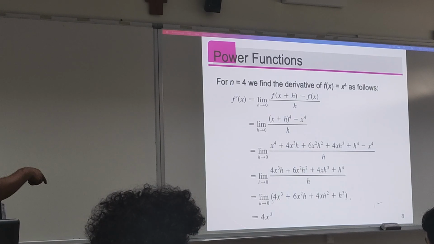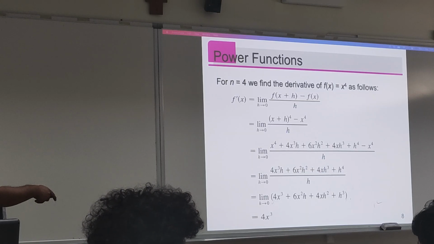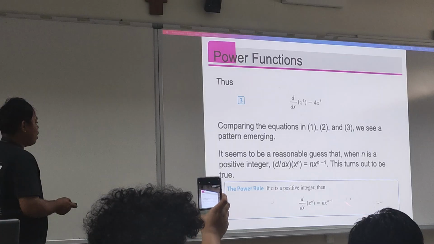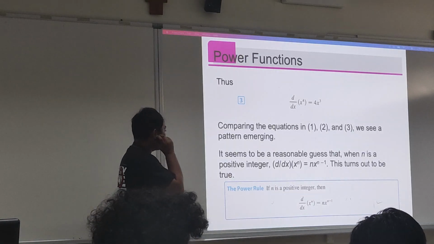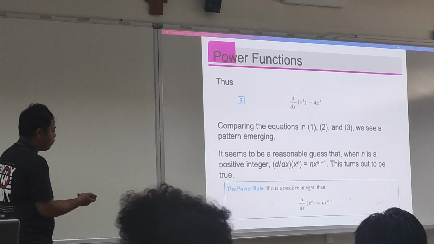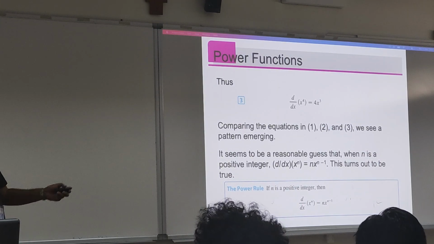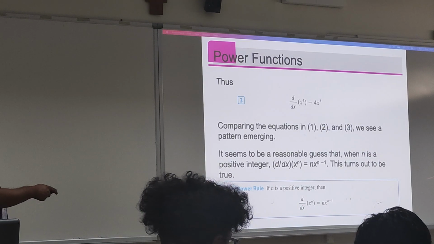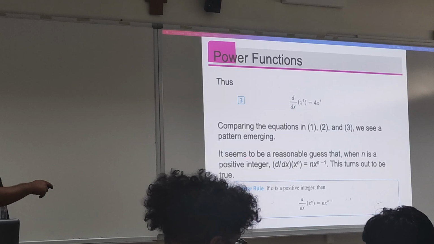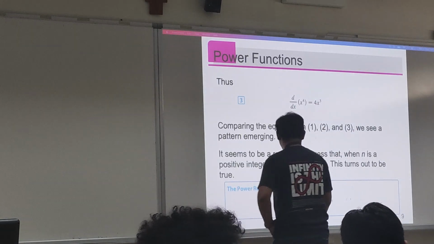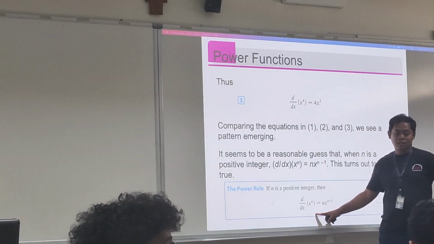But in general, the power rule: let n be a constant integer, then the derivative of x to the n is just n times x raised to n minus 1. This works for every exponent n on your variable x.